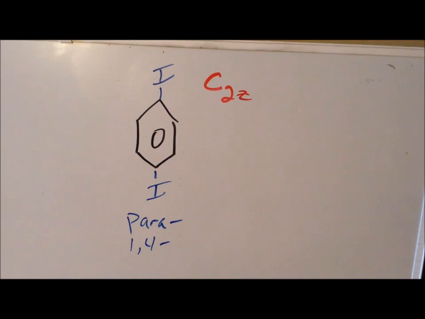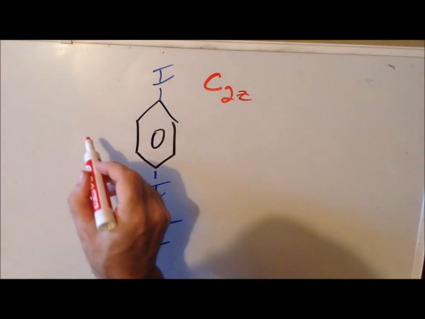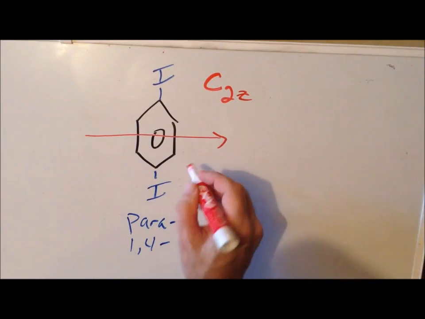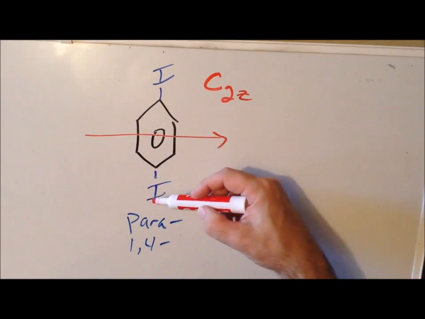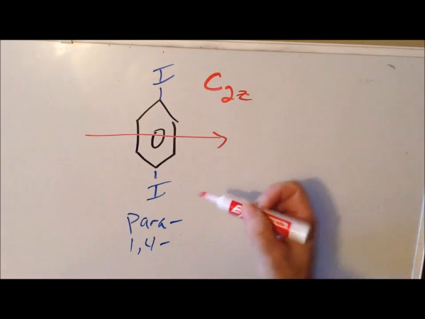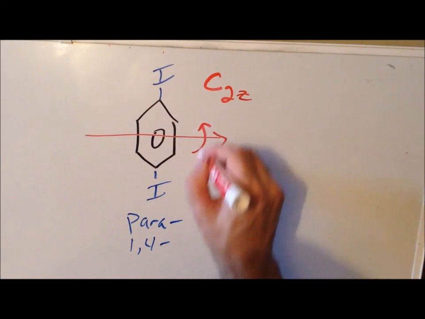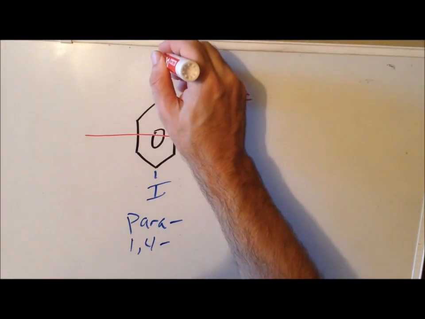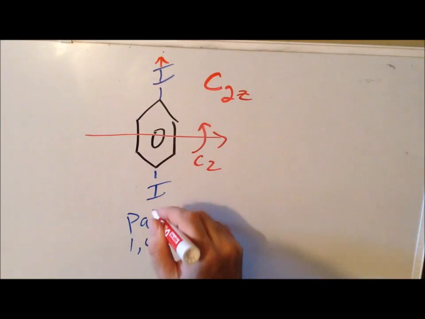Do we have any other rotational axes? Well, if I go halfway through the molecule like this, I notice that if I rotate it, it will take iodine to iodine, carbon to carbon. So I do have a C2 in this particular plane. I also have a C2 going through the iodines, so kind of put it up here, coming out the bottom. So there's also a C2 axis this way.